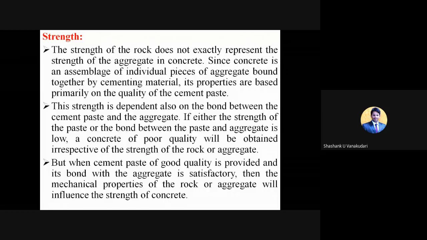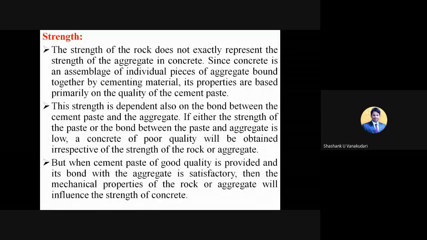With respect to strength, the strength of the rock does not exactly represent the strength of the aggregate in the concrete. It's not that if the strength of the aggregate is good, the concrete strength will be higher as a result. In some cases, the proper proportions of the other ingredients are also required.